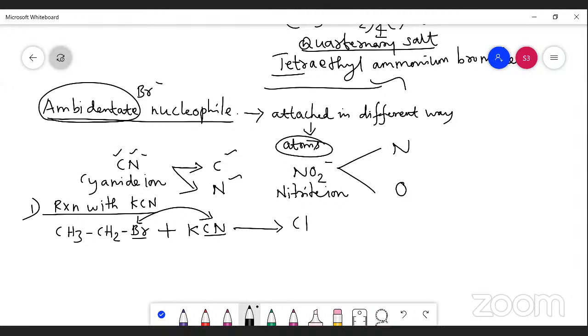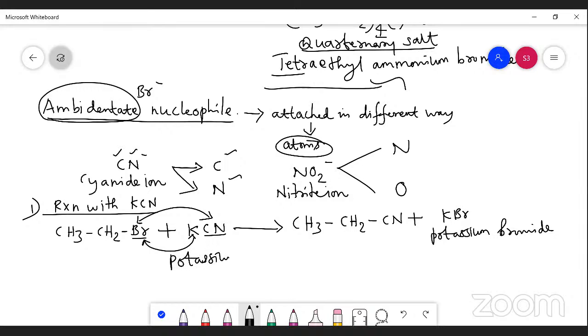You get the product CH3CH2CN, and this K and Br should be added, so KBr as a side product. Potassium bromide. Now we know already this is ethyl bromide, one reactant molecule. What is KCN?